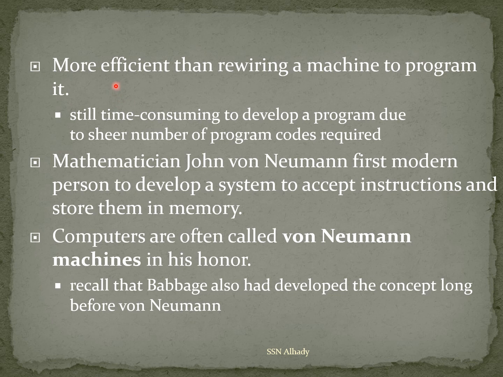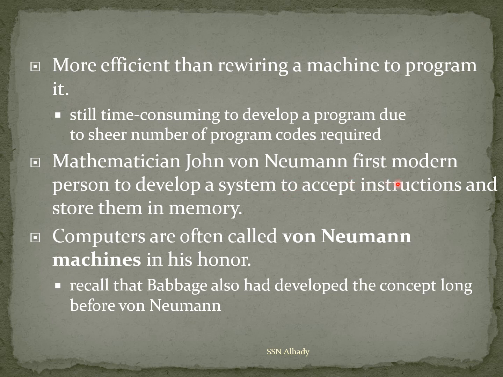It is considered more efficient than rewriting a machine to program it, and it is still considered time consuming to develop a program due to the sheer number of program code required. And then we have a mathematician, John von Neumann.